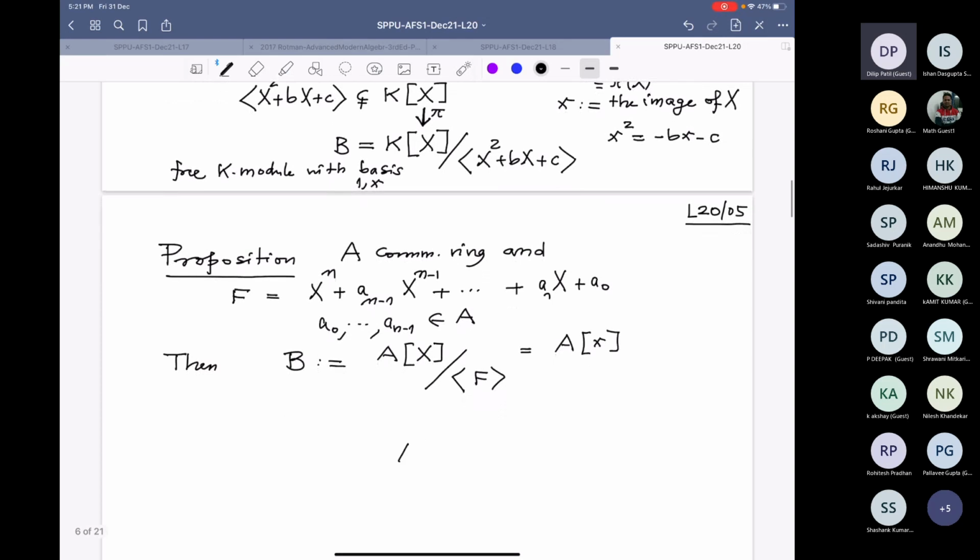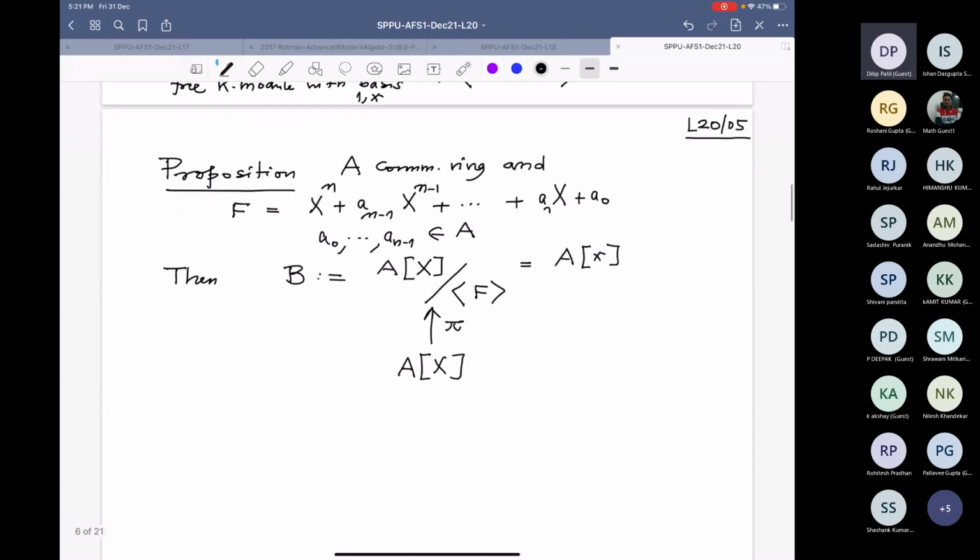There is a ring homomorphism from A[X] to this, a natural surjective map pi. That means take any polynomial, divide by F and look at the remainder, and that is the image.